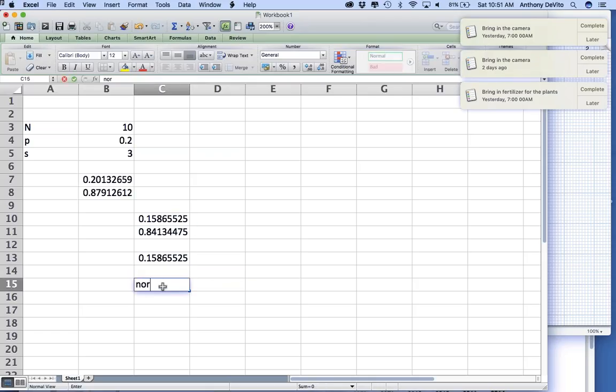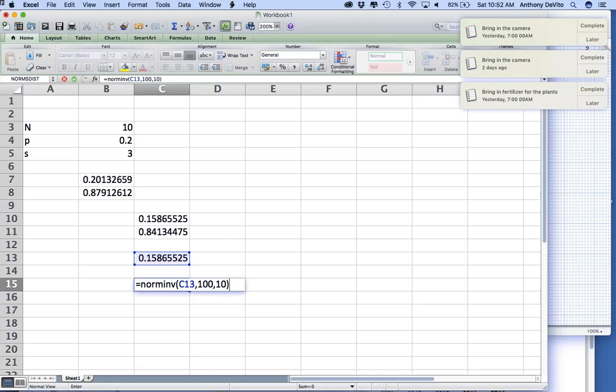Now there's another one, NORM.INV. If you give it the area, the probability of the area under the curve, let's say it's 15%, and you tell it the mean, which was 100, and the standard deviation, which was 10, this is just like using the table.